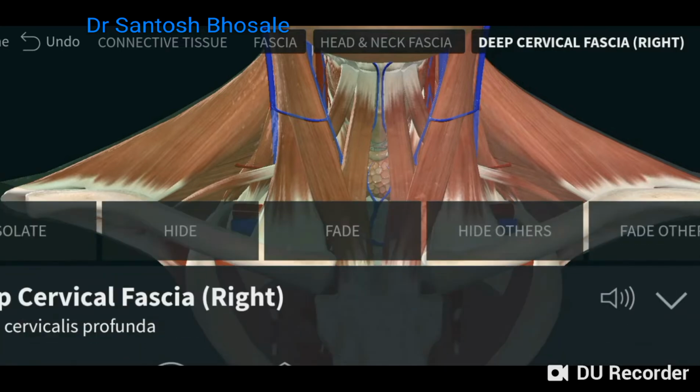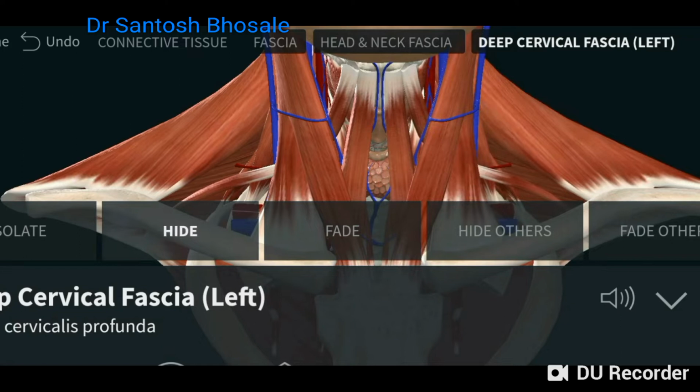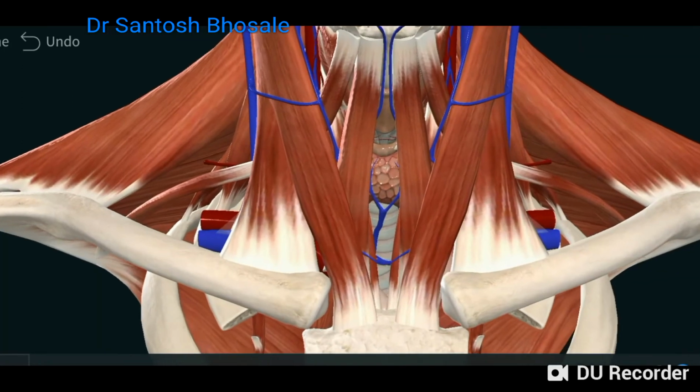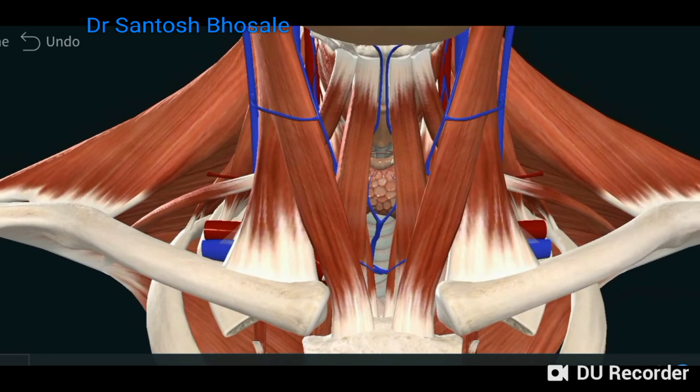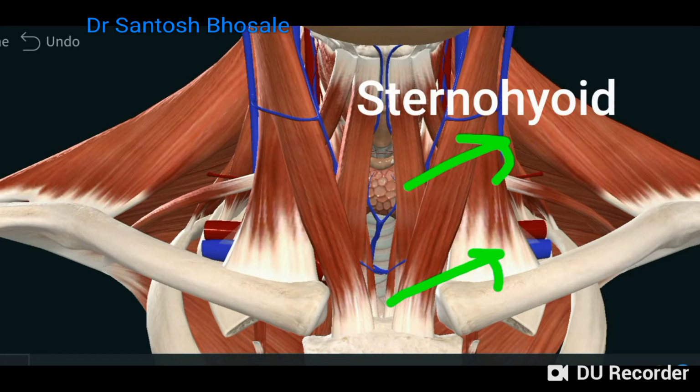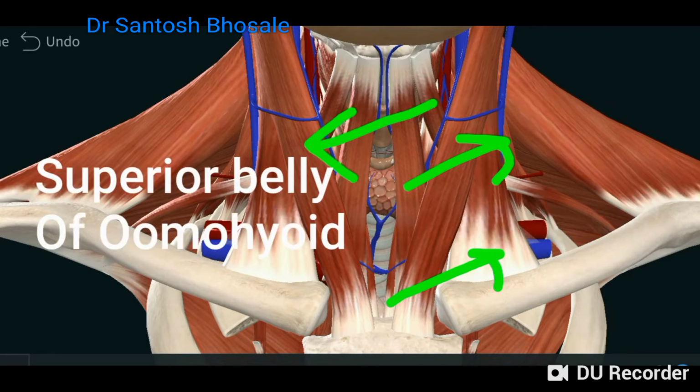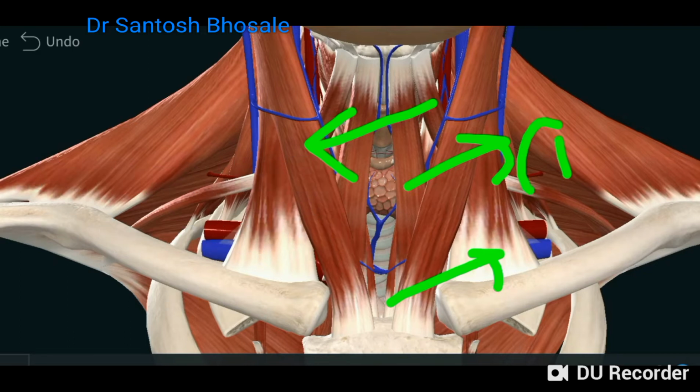Take that out, then you will see the strap muscles forming the floor: sternohyoid, superficial and converging, and sternothyroid, deep and diverging, D and D, covering the lateral lobes of the gland. That is the sternohyoid, sternothyroid, superior belly of omohyoid, and lastly sternocleidomastoid.